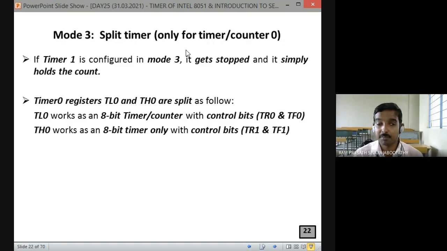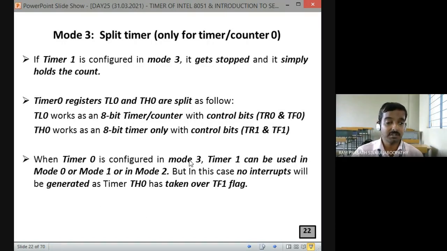Everyone note this: once timer 0 is configured in mode 3, the control bits of timer 1 are sacrificed. So to stop or start the timer, you have to use this particular concept. To stop timer 1, put it in mode 3. To run it, configure the mode in which you want to run it. Simply by mode configuration, you can enable or disable the timer 1 operation. Fine.